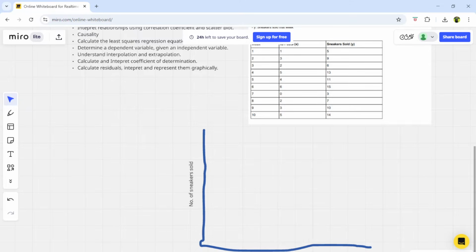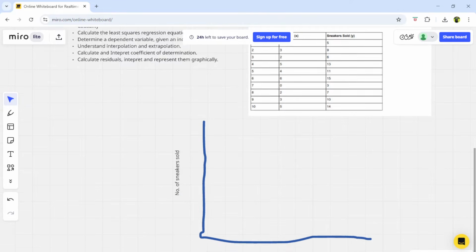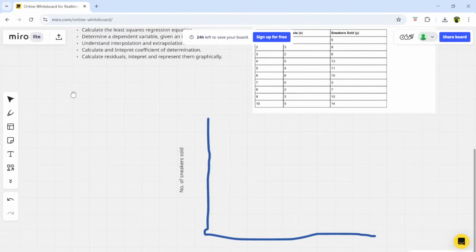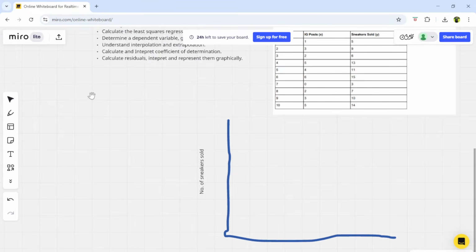Okay, so now we need to do some plotting of the points. I'm going to write the number of posts.